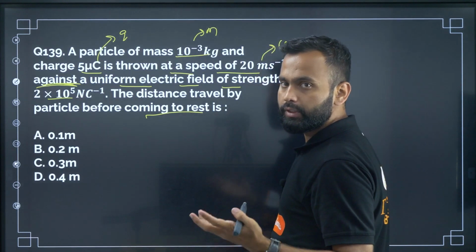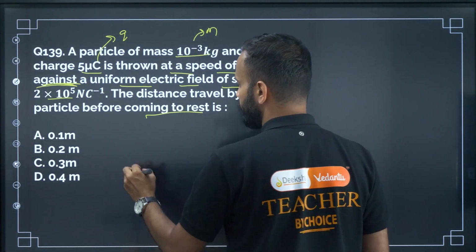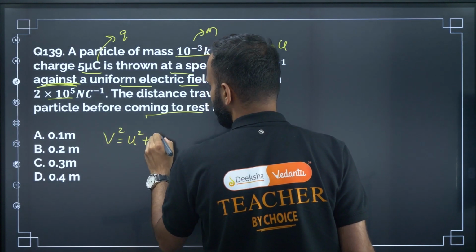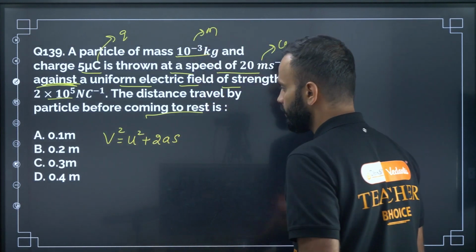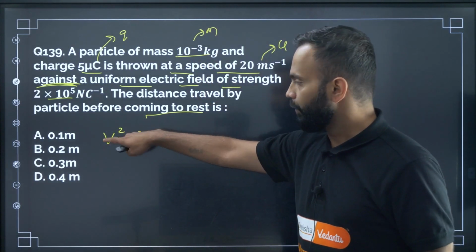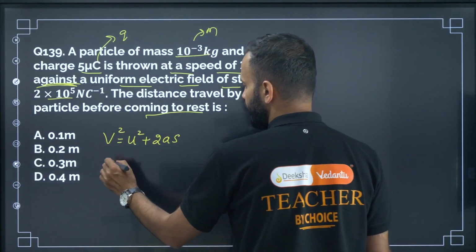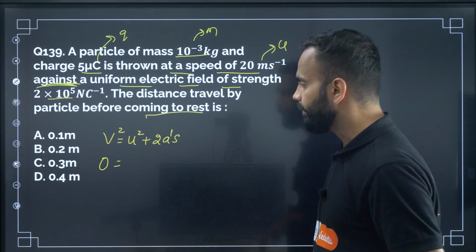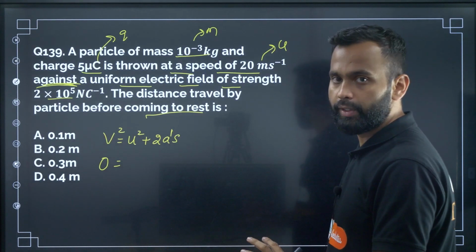So here I am going to use the third equation of motion. The third equation of motion is v square equal to u square plus 2as. The final velocity is 0, right? So 0 equal to, I am going to write here 2a dash s. I will tell why I used a dash.